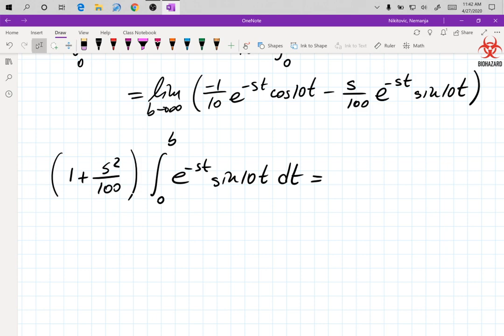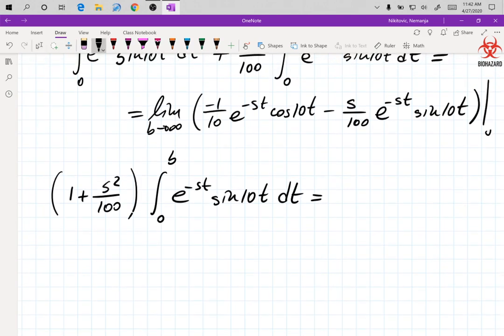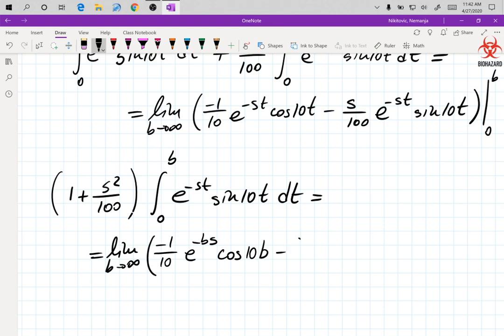Now, the mess you see below is from 0 to b, and you can solve it because that's all integrated and done, right? So you can just say limit as b goes to infinity, and you have your negative 1 over 10 e to the negative bs cosine 10b minus s over 100 e to the negative bs sine 10b.